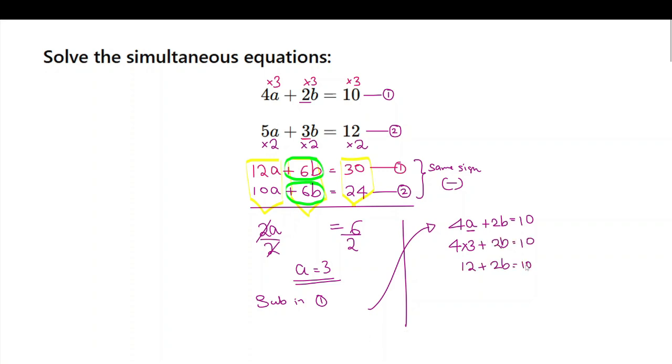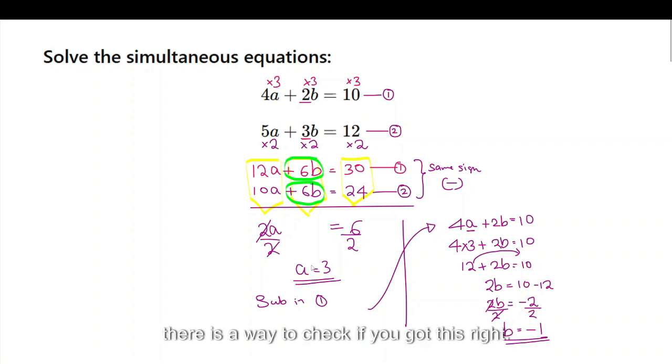So I get 2b is equal to 10 take away 12. 10 take away 12 is negative 2. Divide by 2 to get the b on its own. So I get the value of b as negative 1. So I know my answers now. a is 3 and b is negative 1.